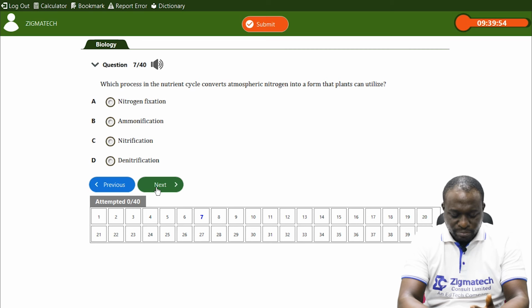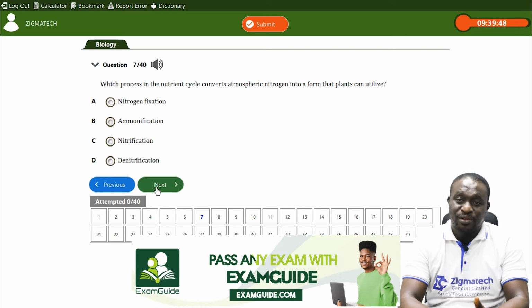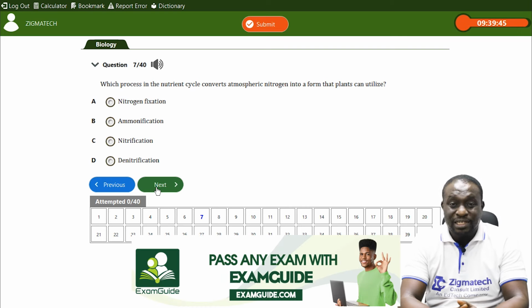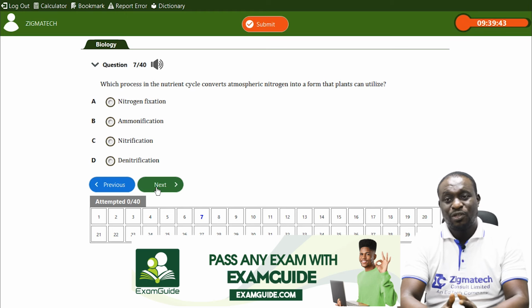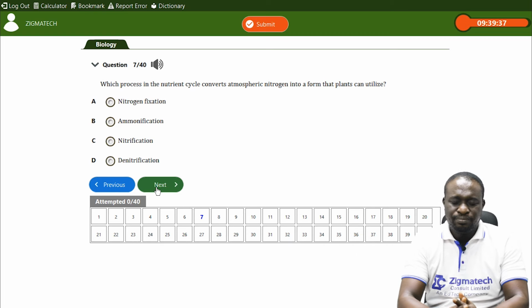We have water cycle, we have oxygen cycle, we have carbon cycle, we also have nitrogen cycle. Now, what we're actually looking at is nitrogen cycle, as the question implies. It says which process in the nutrient cycle converts atmospheric nitrogen into a form that plants can actually utilize.